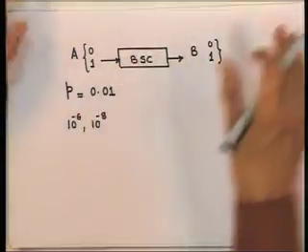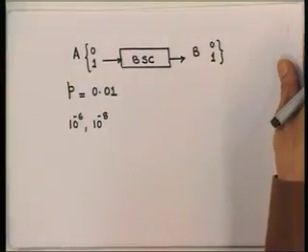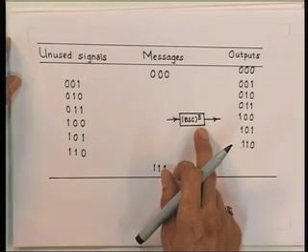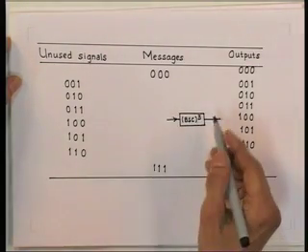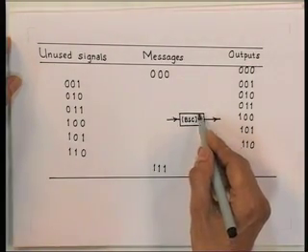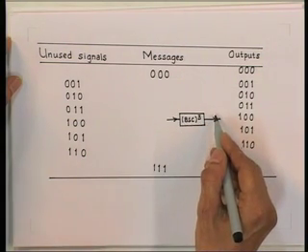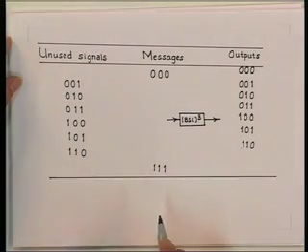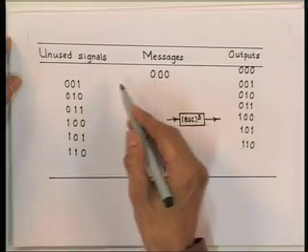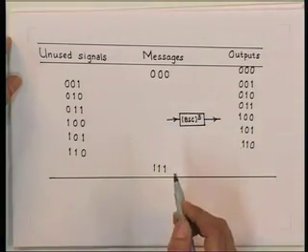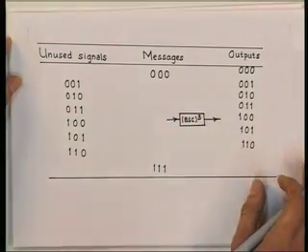So, one method of viewing this procedure is illustrated in the figure shown here. The output of this channel under these circumstances is an element of a third extension of a binary symmetric channel. So, the output is a binary sequence of length 3. We have used 0 0 0 and 1 1 1 sequences as message sequences.